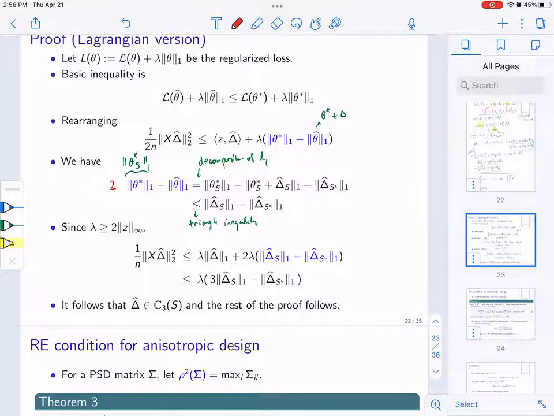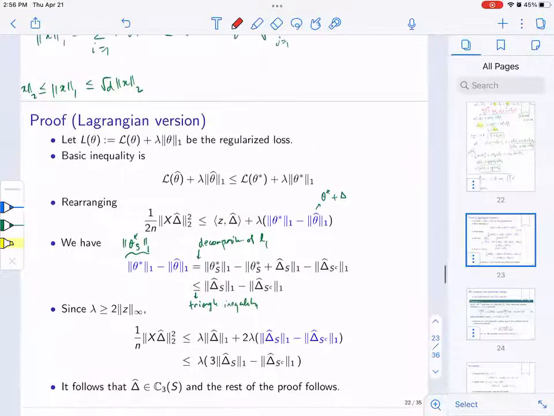Yeah, okay, so there's a missing step here. This is bounded by, I'm going to multiply both sides by lambda, and also multiply both sides of this by 2. So I'm going to remove this 2 here, and then put a 2 here. Then 2 lambda is bounded by z infinity.